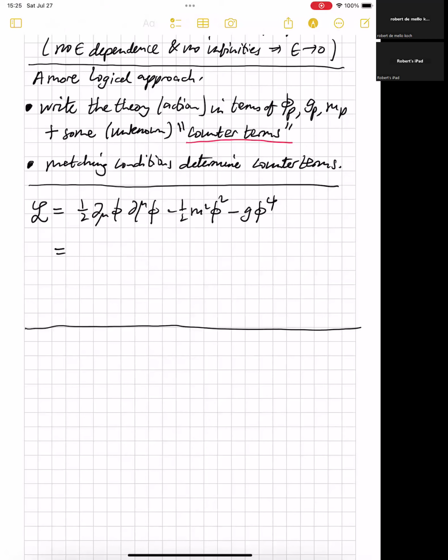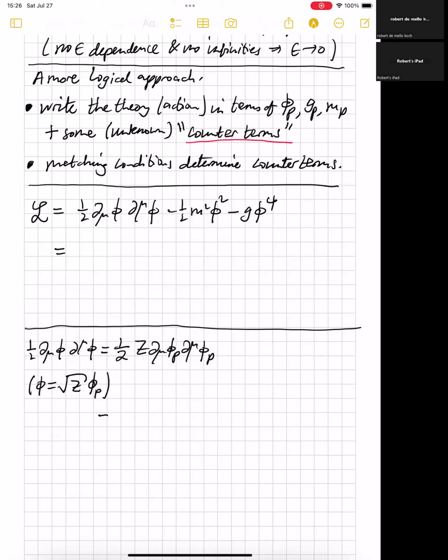Okay, so let's start off with 1/2 ∂_μ phi ∂^μ phi. What is this equal to? Well, remember that phi is equal to the square root of Z times the physical field. So plugging this into that expression, we get 1/2 Z ∂_μ phi_p ∂^μ phi_p. Now this is okay. It is expressed in terms of the physical field, but it's expressed in terms of Z, and I'd really rather not have the Z dependence.